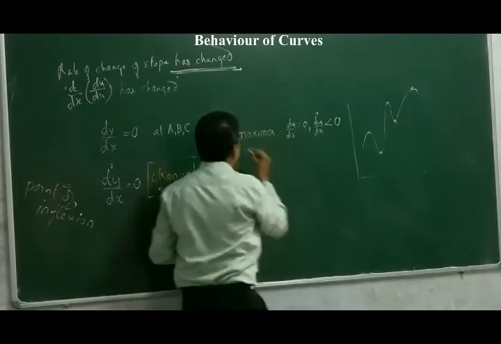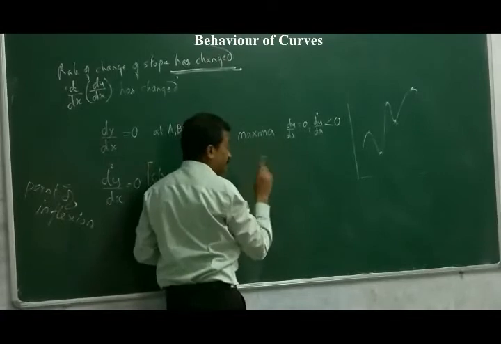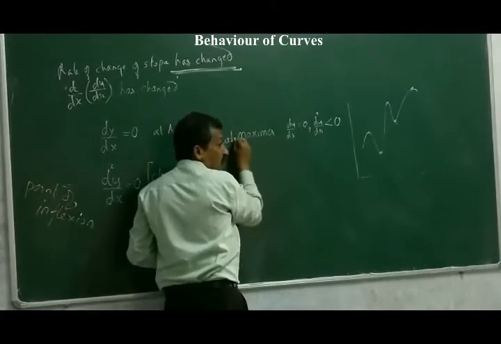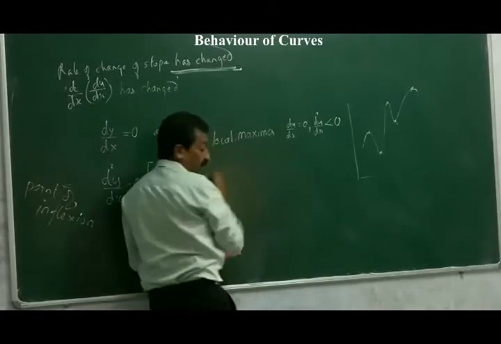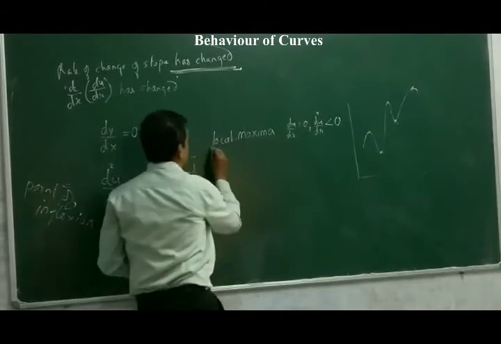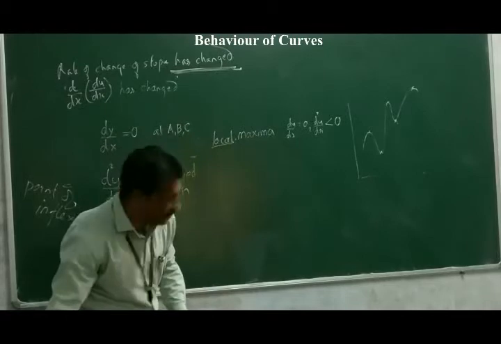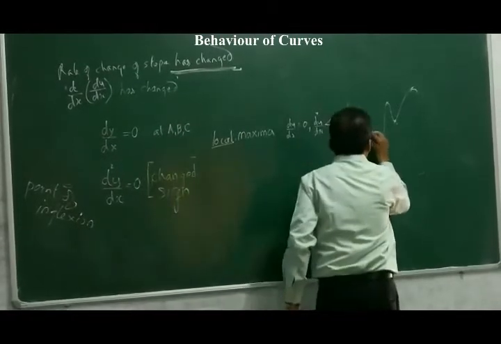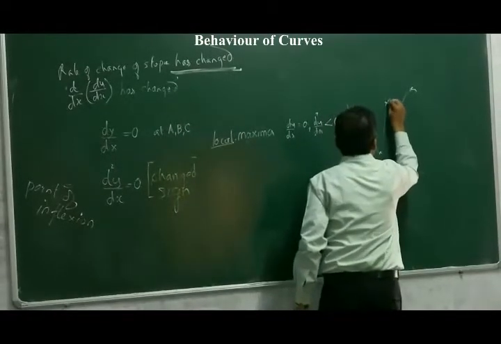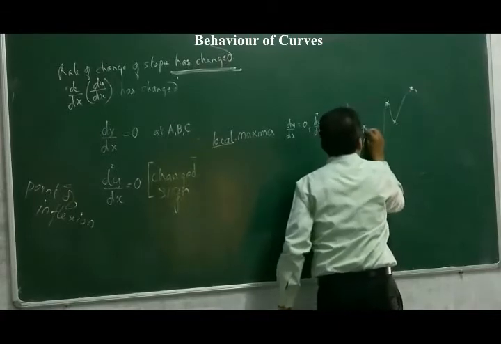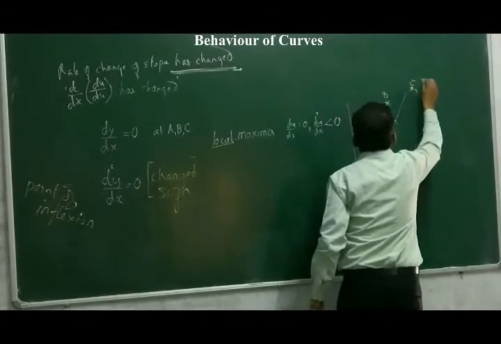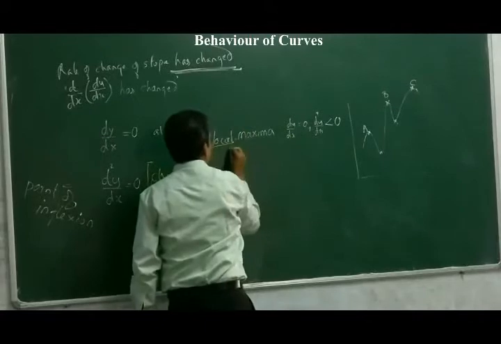Maximum. Wrong, it is local maximum. That's important. I will tell you the importance of that. Local maximum. See, this is a local maximum. This is a local maximum. This is a local maximum. A, B, and C. Local maximum.